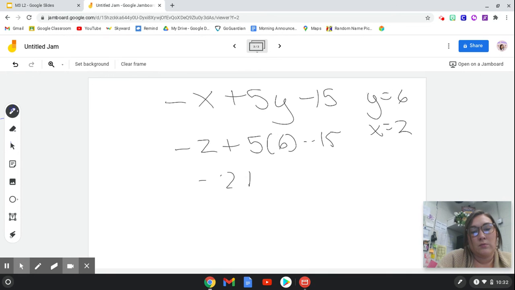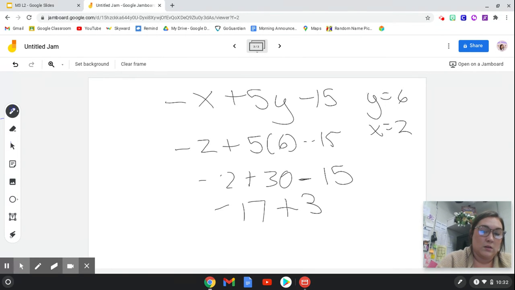So I have negative 2 plus 30 minus 15. So I have negative 17 plus 30, which is 13.